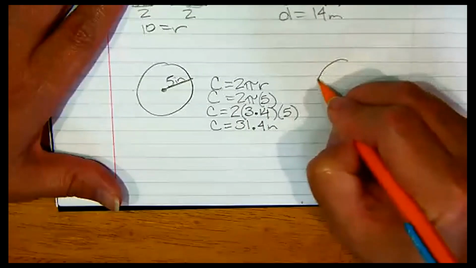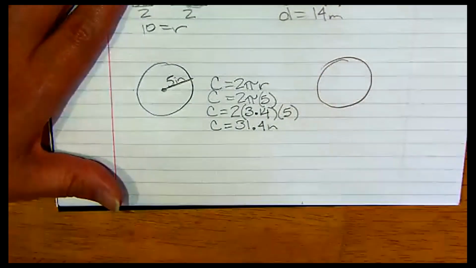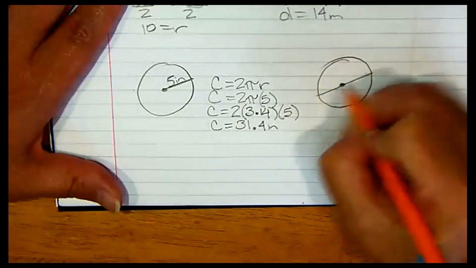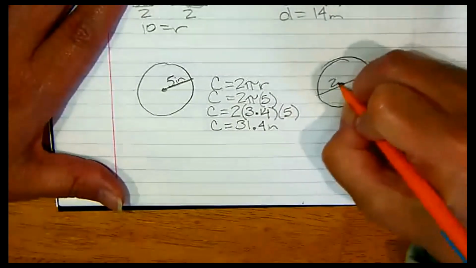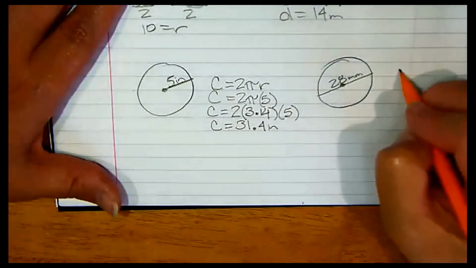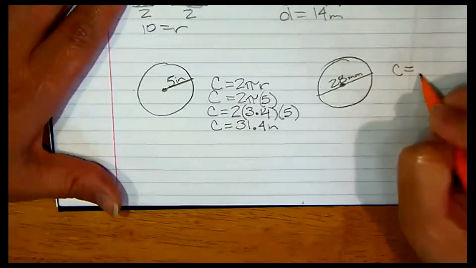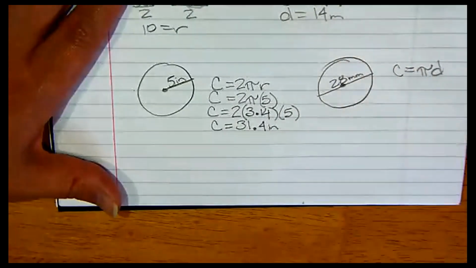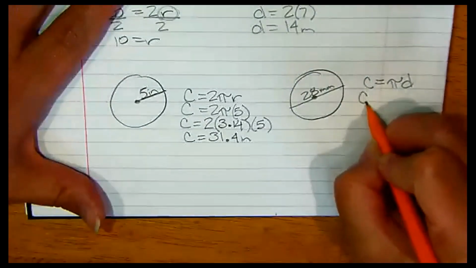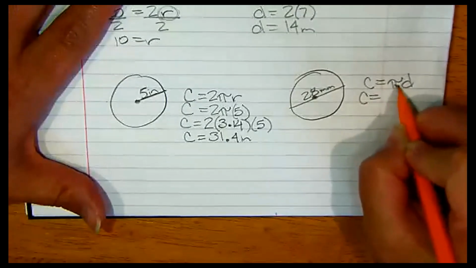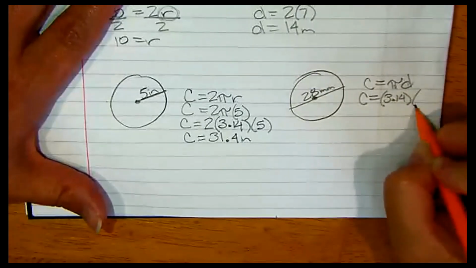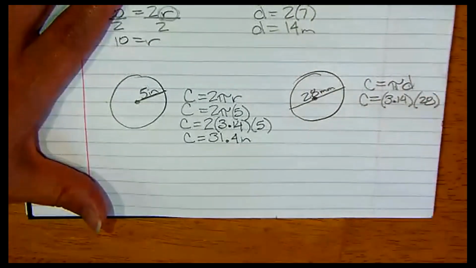Now the book will also give you an example like this, where there's the center. They're giving us the diameter. The diameter is 28 millimeters. So circumference is equal to pi times the diameter. And now it's just a matter of substitution. The circumference is equal to pi is 3.14 and the diameter is 28.